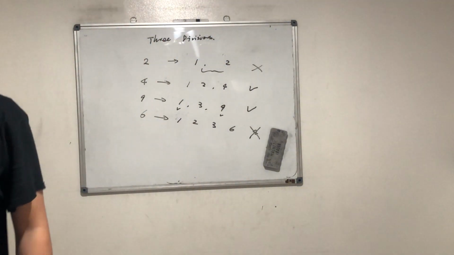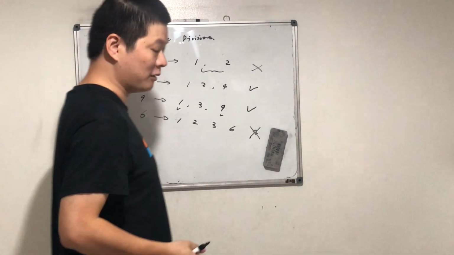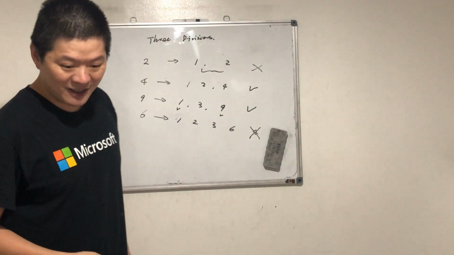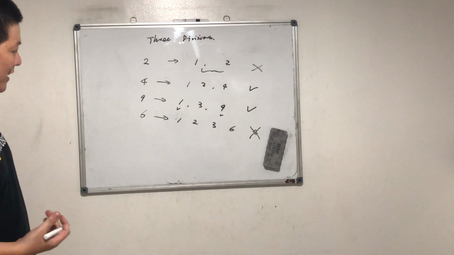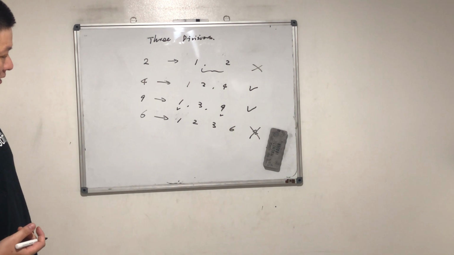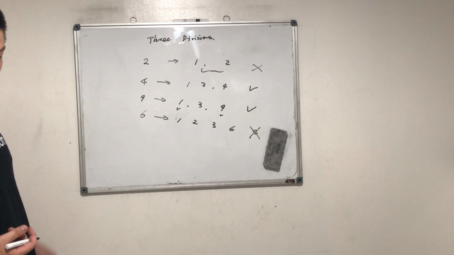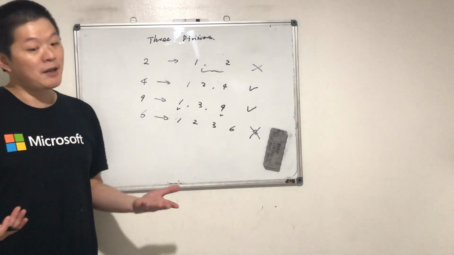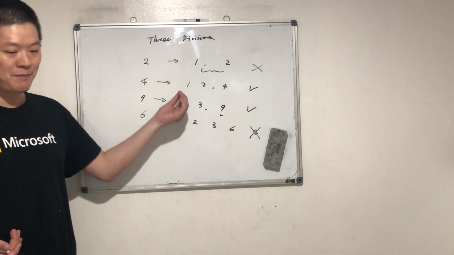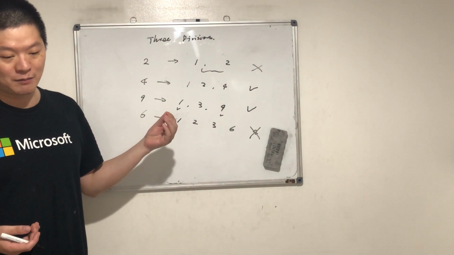How can we do it? Any thoughts? How are we checking it? Remember, we talked about brute forcing, a similar approach to when we check whether a number is a prime number.